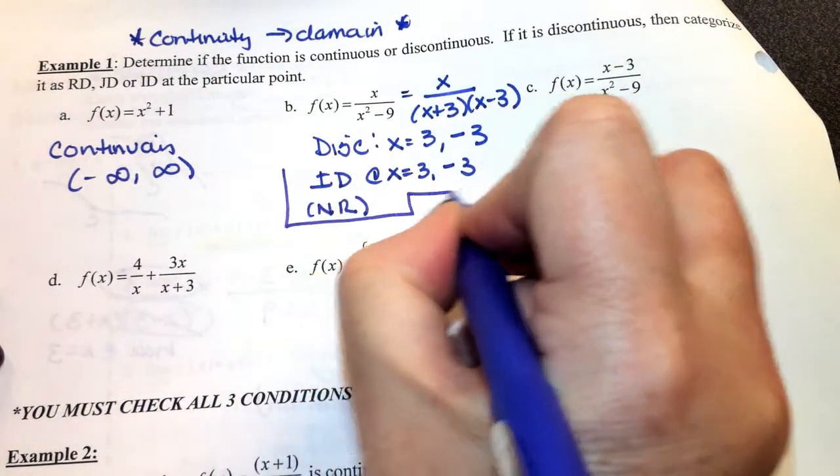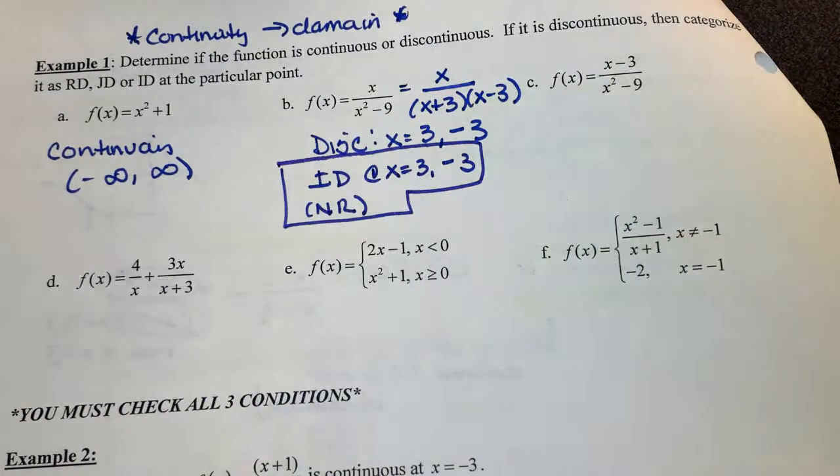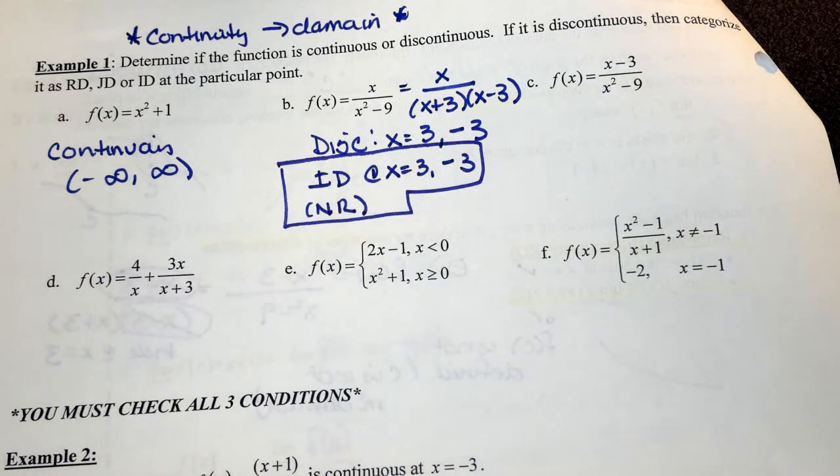Depending upon the textbook, or if you're taking the SAT math question, some will not use the phrase infinite discontinuity, they'll just use non-removable. Some will call it infinite discontinuity, but just know infinite discontinuity is a subcategory of your non-removable. So any questions on B? I have infinite discontinuity at 3 and negative 3.